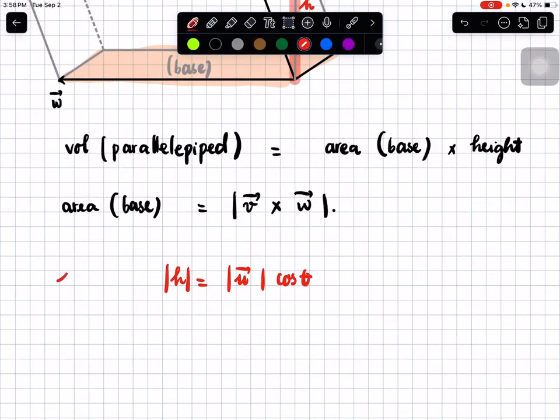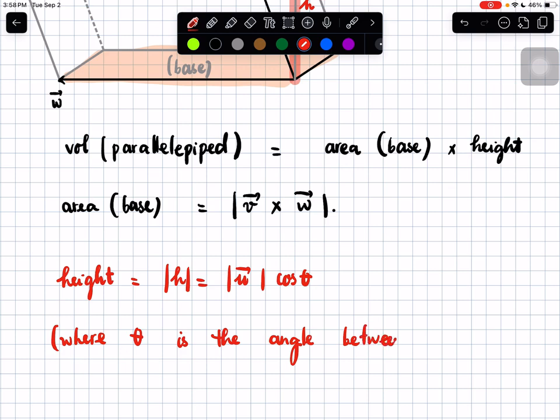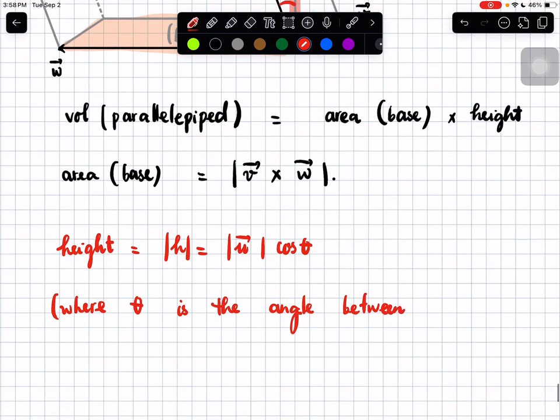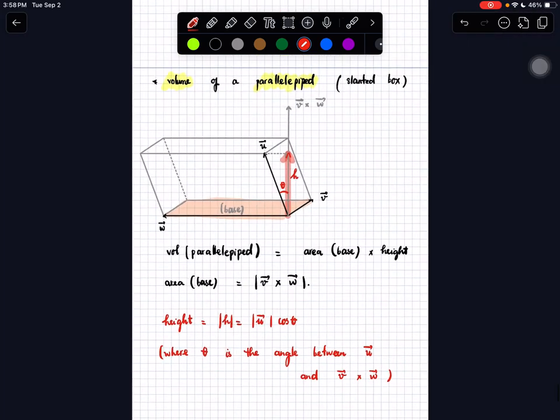Area of base, we know the height, we know where theta is the angle between vector u and v cross w.